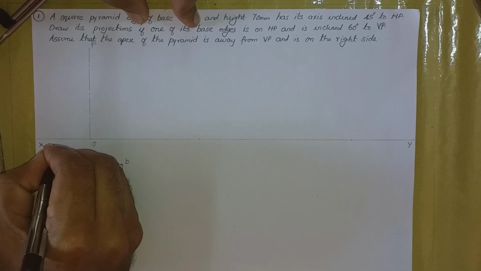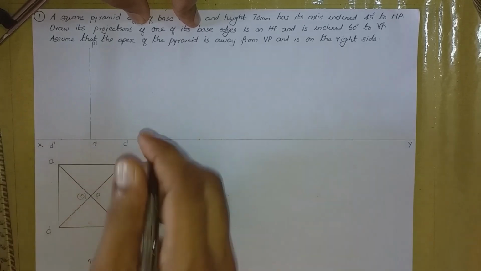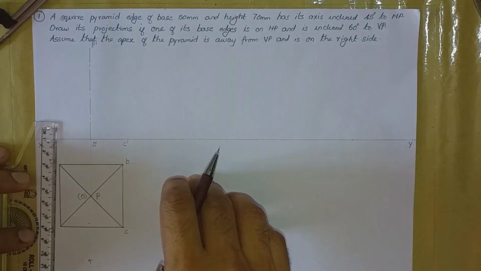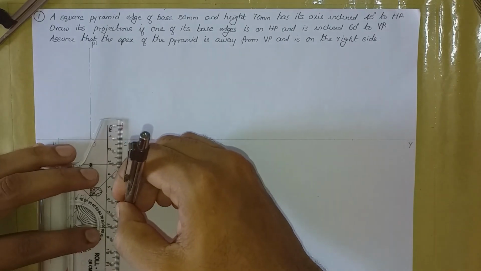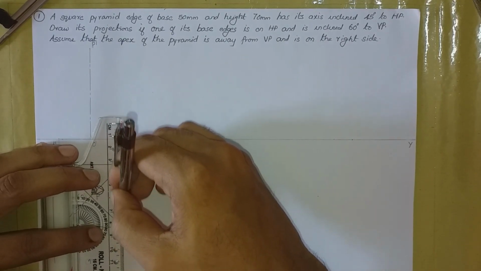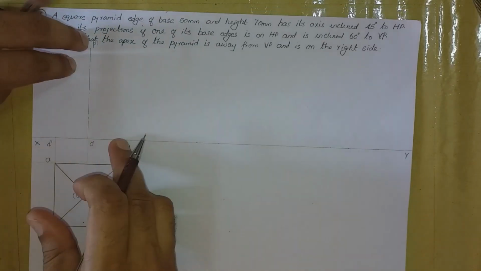That is, here it is D dash and here it is C dash. So we have extended two projectors to the front view.